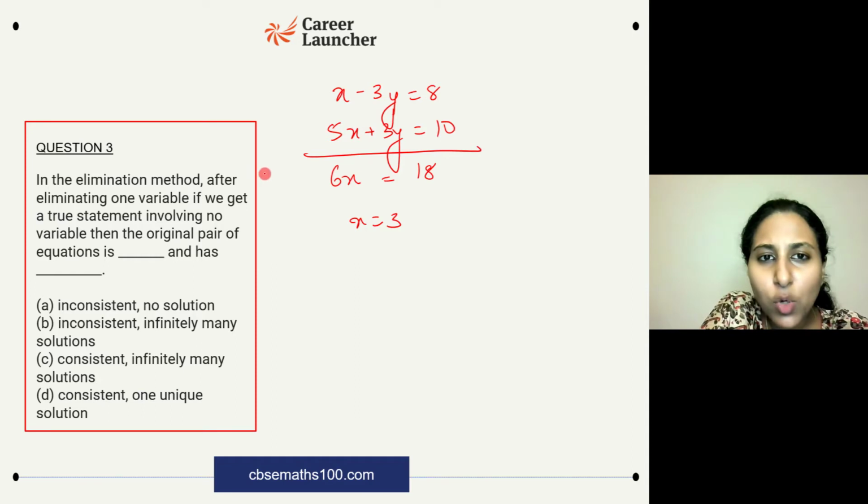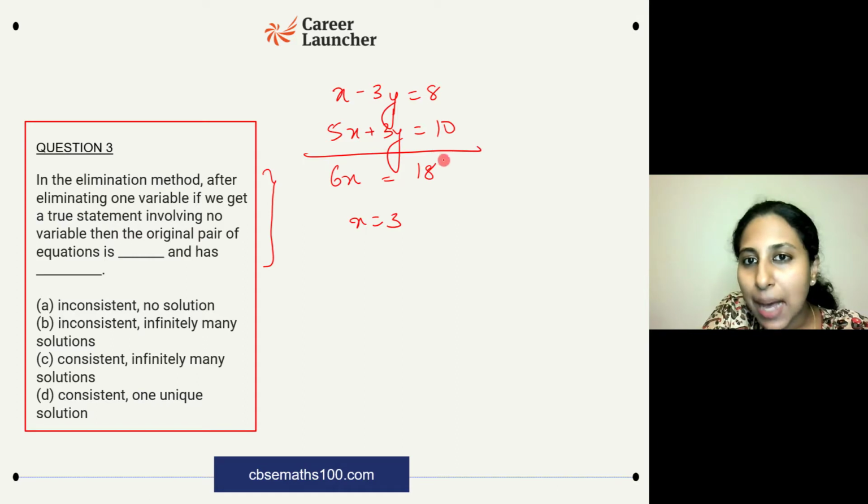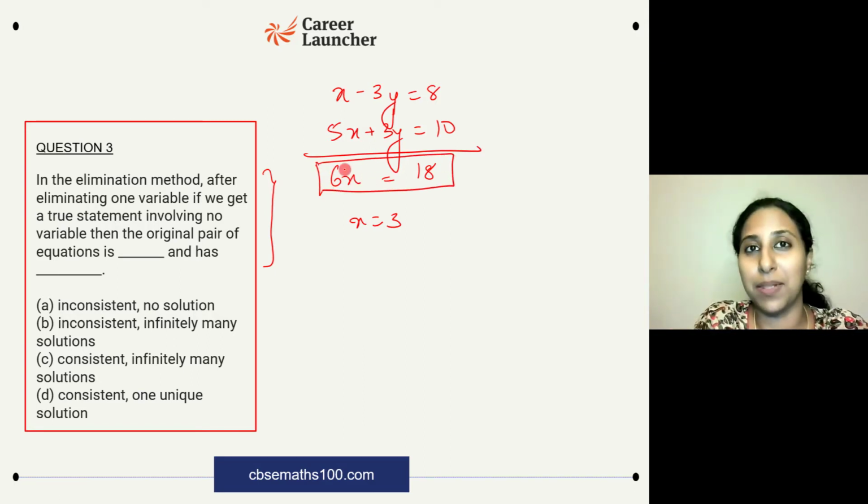Now, what this question is talking about is, after eliminating one variable, if we get a true statement involving no variable, here what is happening? Here, when you have eliminated one of the variables, in this step, we are getting a step with a variable. When you're getting a step with a variable, that means there is a unique solution.